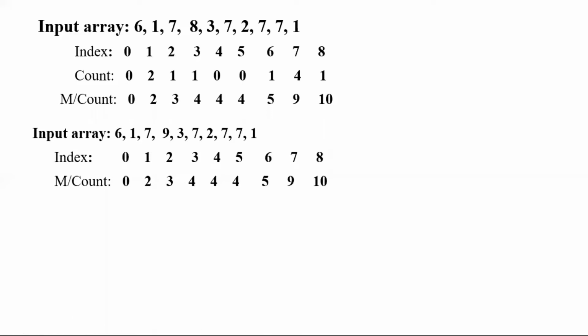So 0 is not in the output array, 2 is repeated 2 times, 1 time, etc. But the complexity in this case will be n squared, because we need one external loop and several loops for each count.